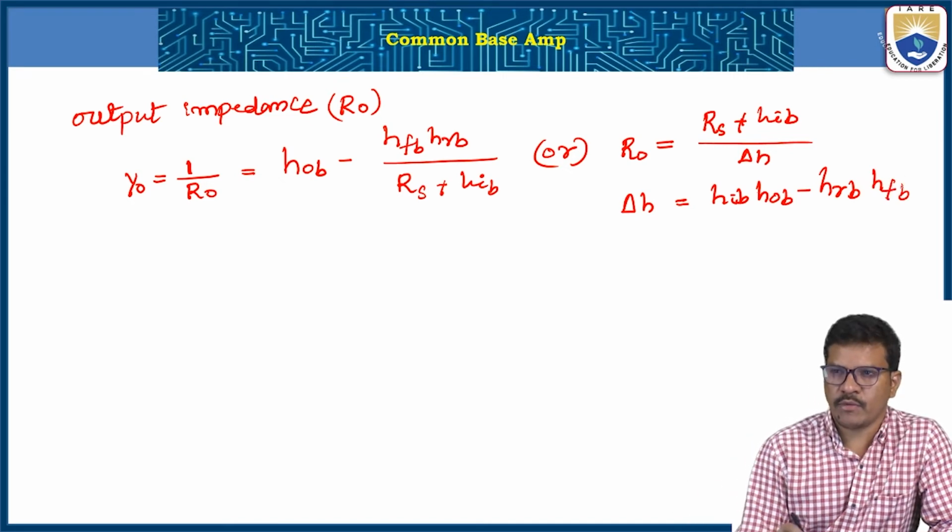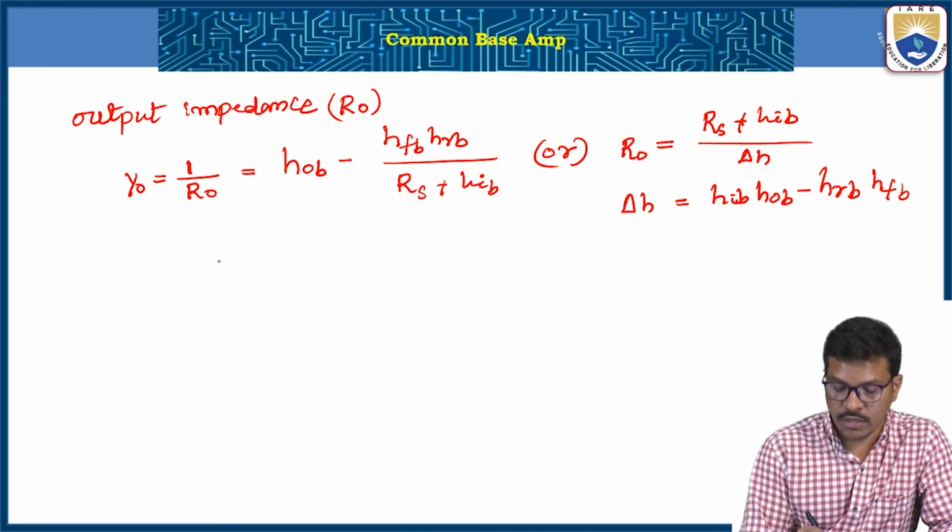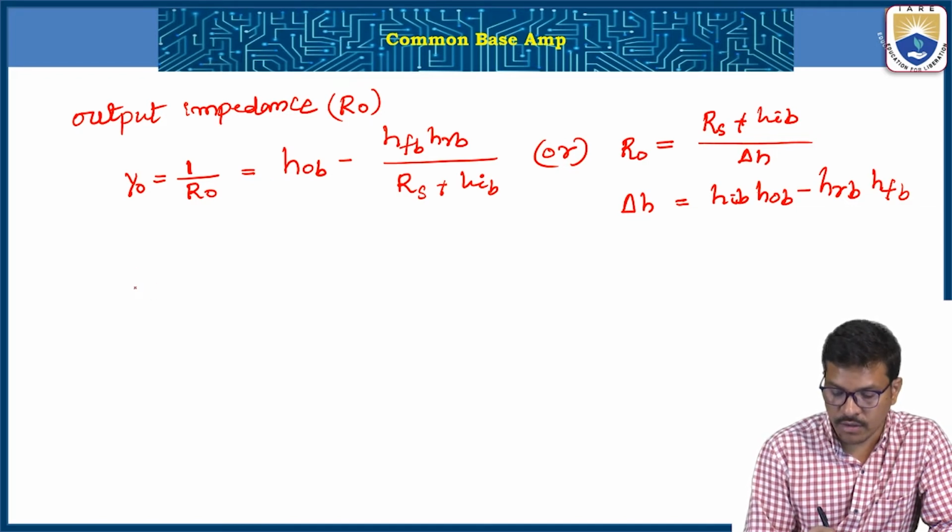We use this second formula because all the H parameters are directly given, so we can find out either one.